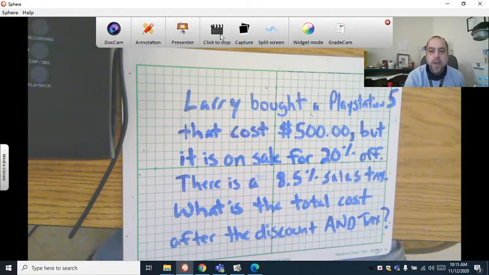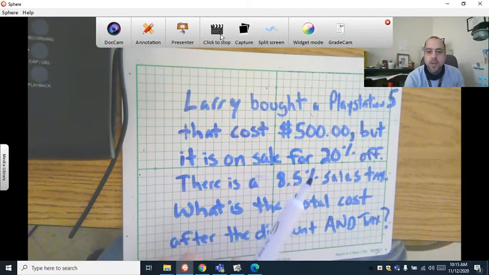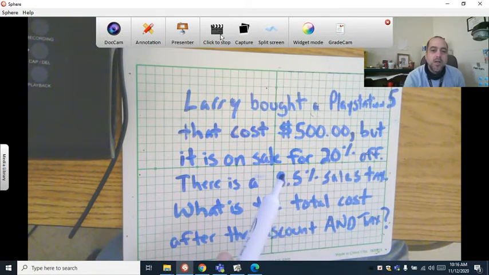Okay? Now the total price should be less than $500 because if you notice, the discount is 20% and the tax is 8.5%. The discount is a bigger percent than the tax, so we should be able to save more money than we're going to have to pay in taxes, if that makes sense.